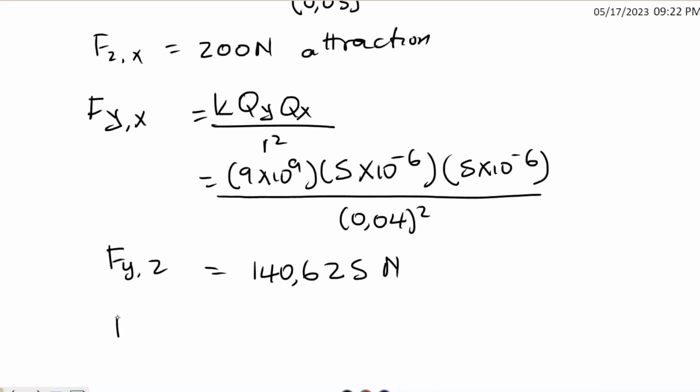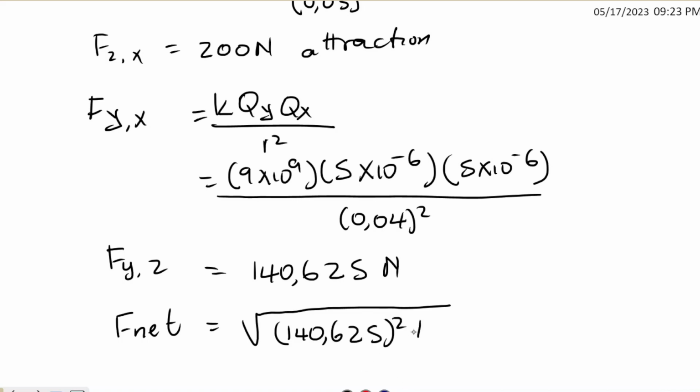Now we go to find F net, which is the square root of 140.625 squared plus the other one, which is 200 squared. So let's find this value.